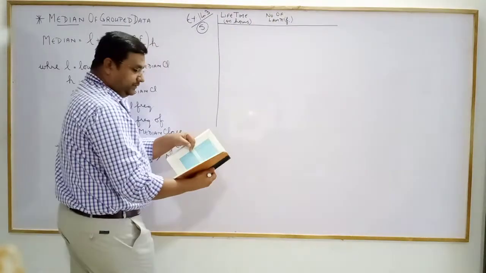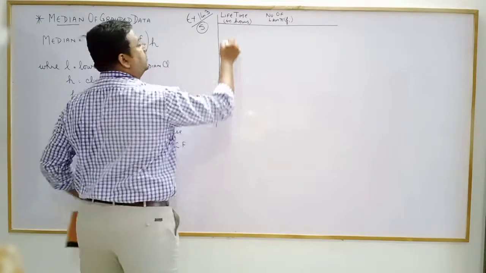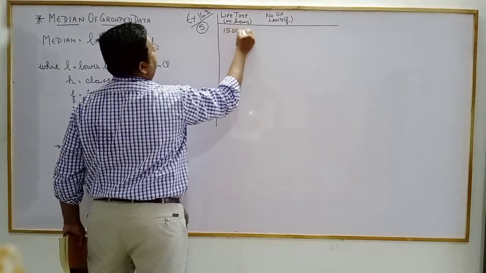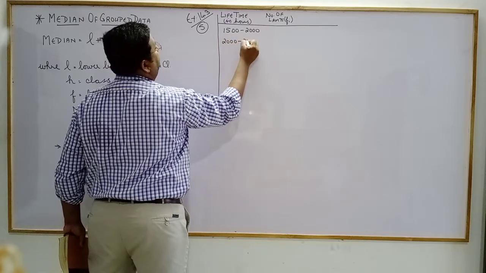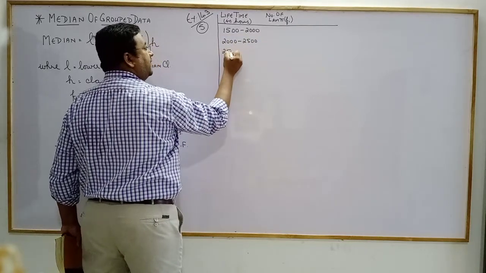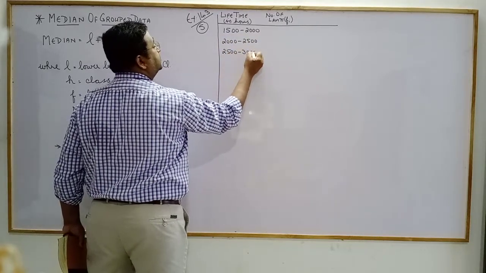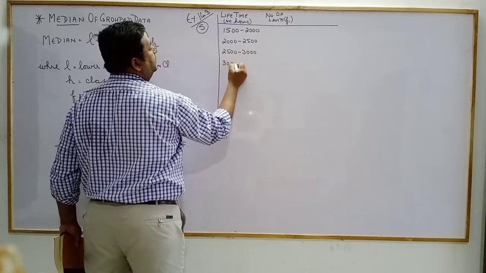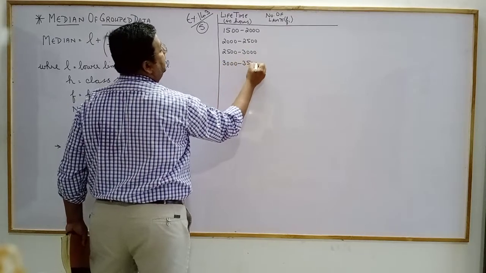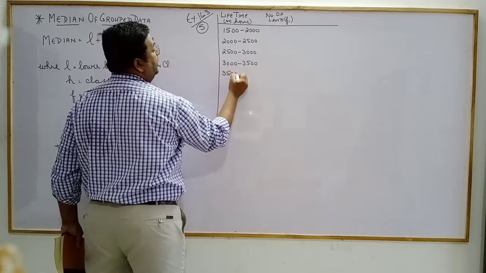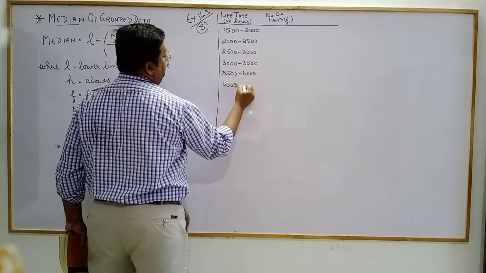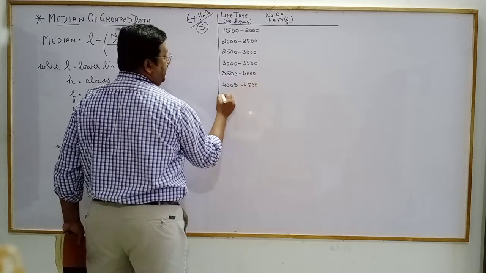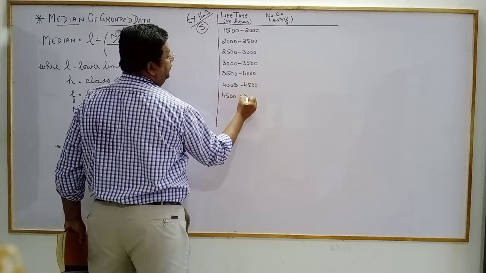The lifetime classes are 1500 to 2000, 2000 to 2500, 2500 to 3000, 3000 to 3500, 3500 to 4000, 4000 to 4500 and 4500 to 5000.